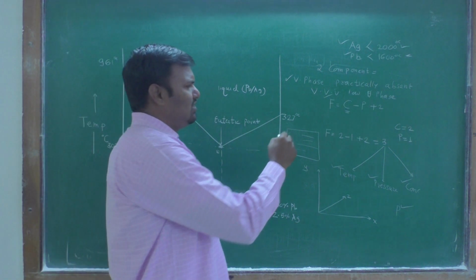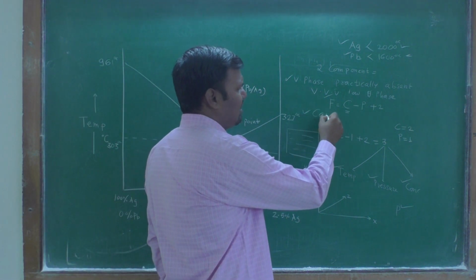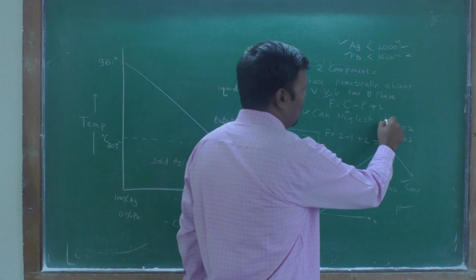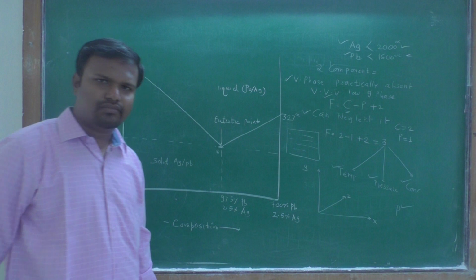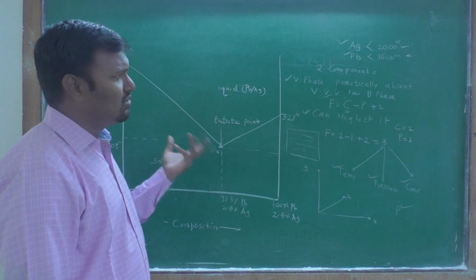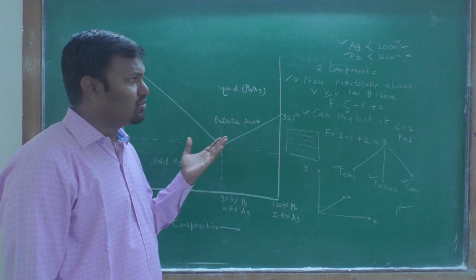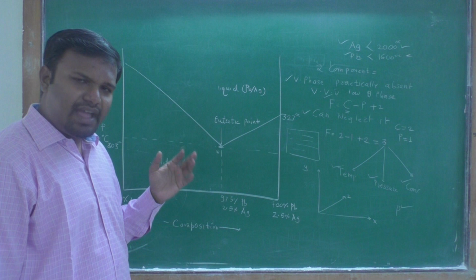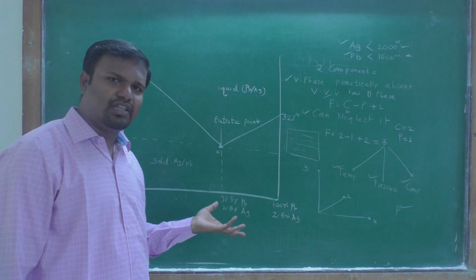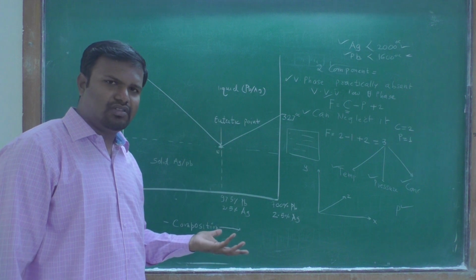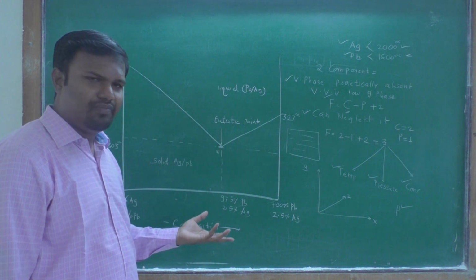Therefore, in this case we can neglect it, because the vapor phase is practically absent, as the boiling points of Ag and Pb are higher. Vapors are not there, the gas phase is not there, therefore pressure does not affect the system.